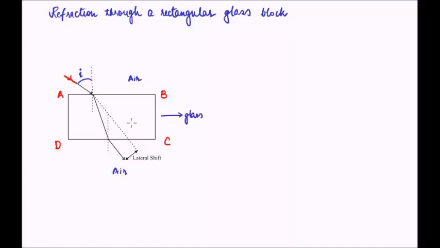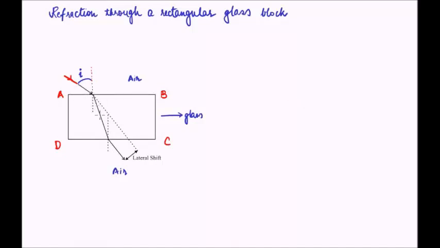From our discussion about refraction till now, we know that in traveling from rarer to a denser medium, the light bends towards the normal. Here, if there was no bending of light, this would have been the original path. But since there is bending, it has deviated towards the normal, and this is the new path. Okay.